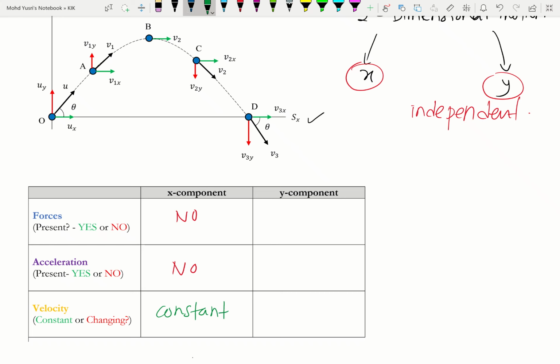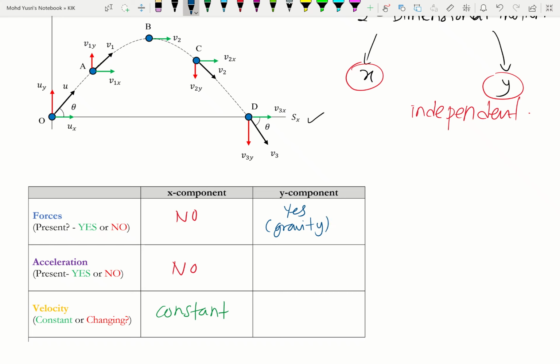However, in the y component, the object moves under the influence of gravity. So there is a gravitational force downward.